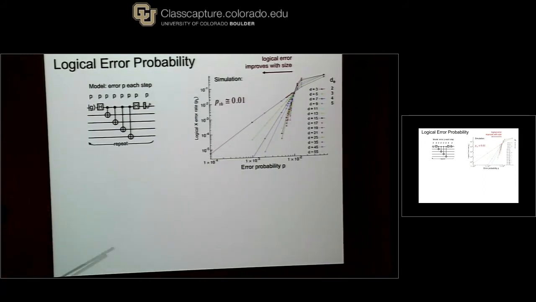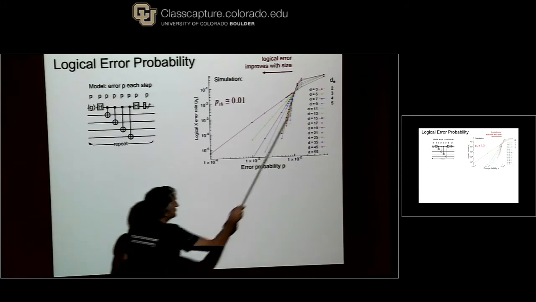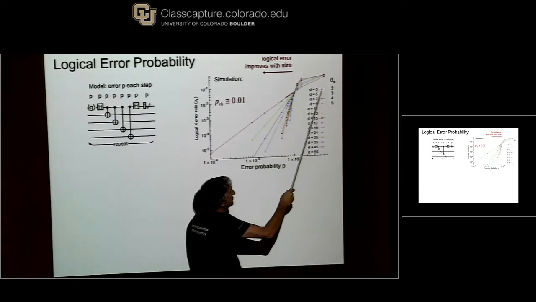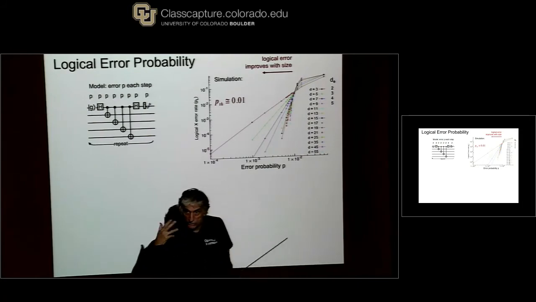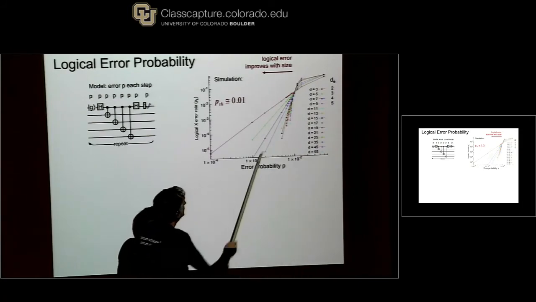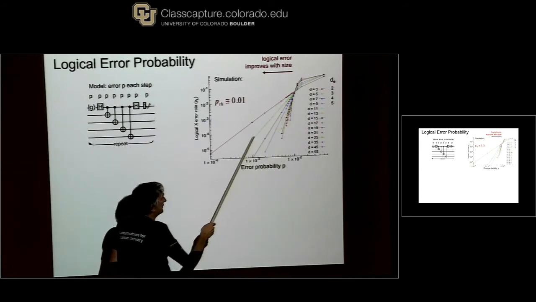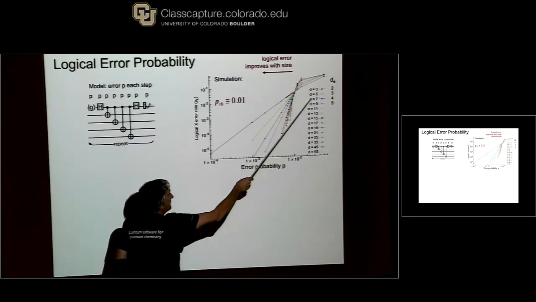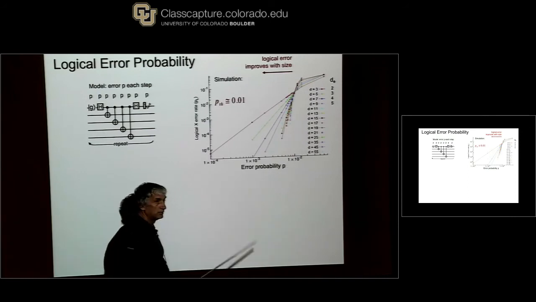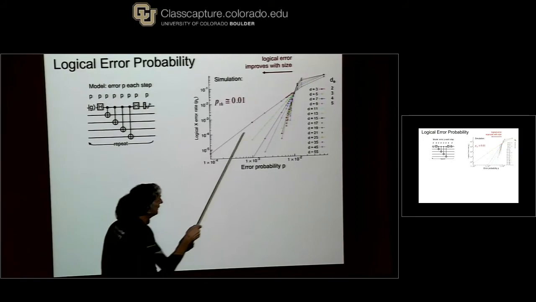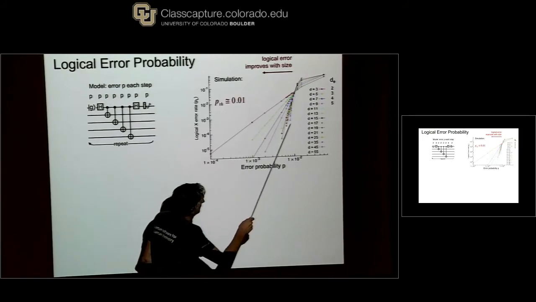Then you go to a larger surface code, where this only corrects for single bit errors, and this will correct for 2 errors in one surface code cycle. You get the same thing here, but it goes down steeper. And as you make a bigger and bigger surface code so that you correct more and more errors, like I've been talking about, the error goes down very rapidly.